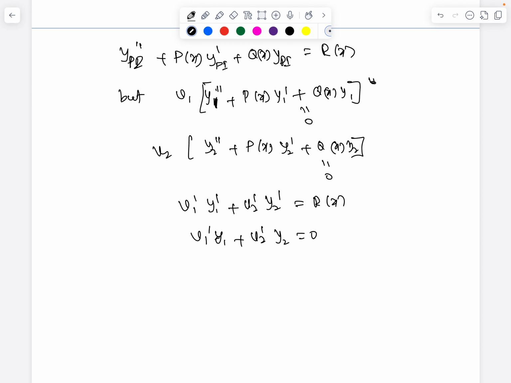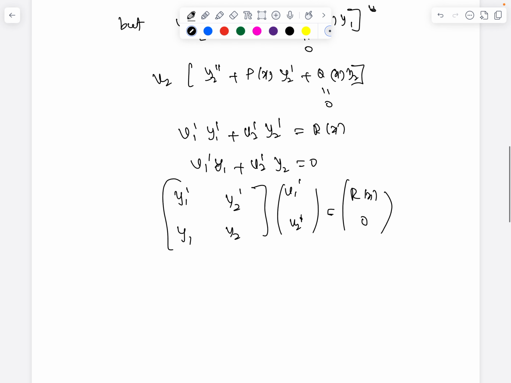Collecting these, we get a matrix with rows y1, y2 and y1 prime, y2 prime, multiplying v1 prime, v2 prime, equal to 0, r of x.